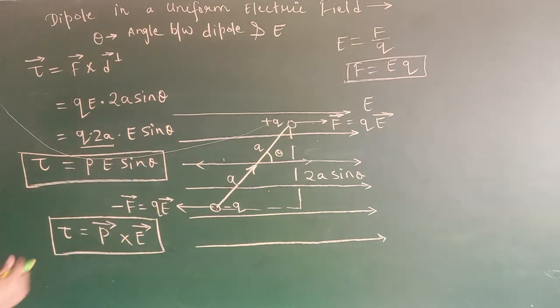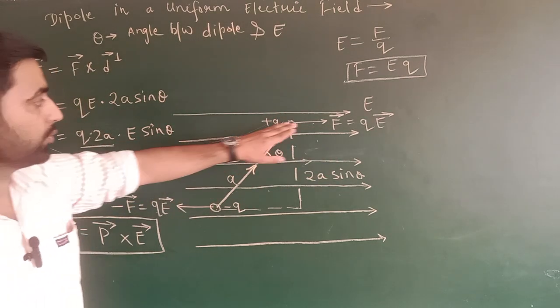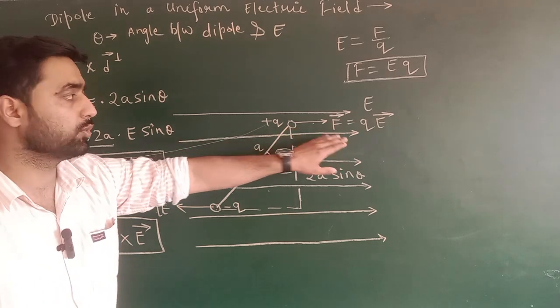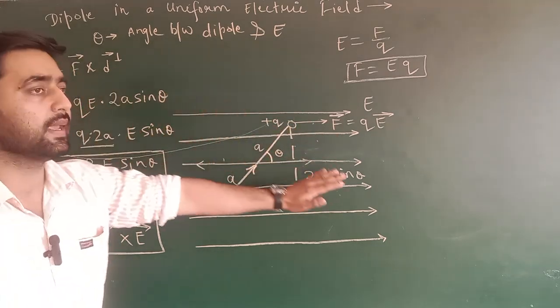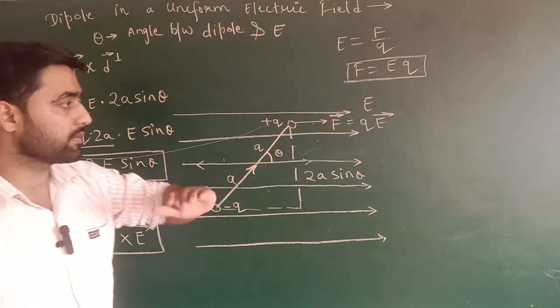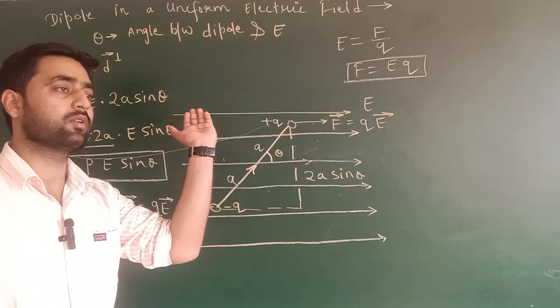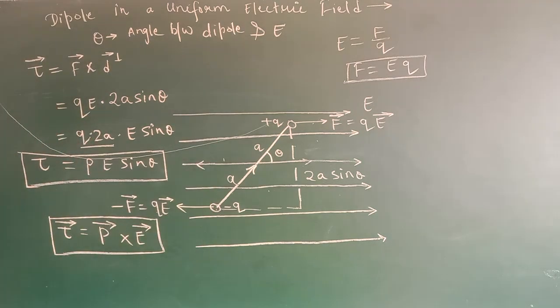Direction of torque. If electric field lines and the electrostatic force are both lying in the same plane, the direction of the torque will be outward from the board or inward into the board, perpendicularly. Both are correct.